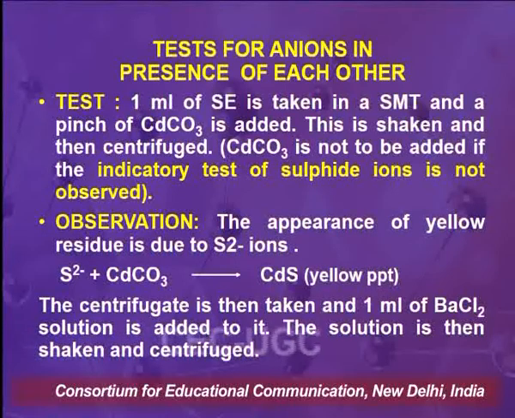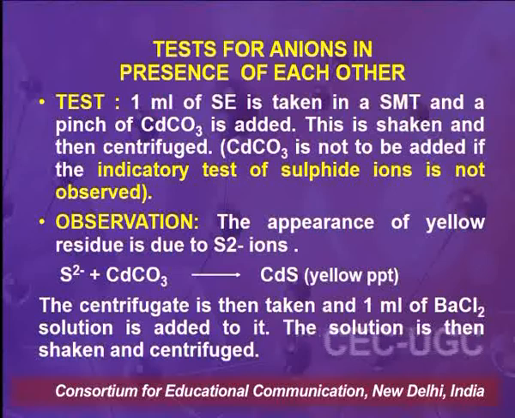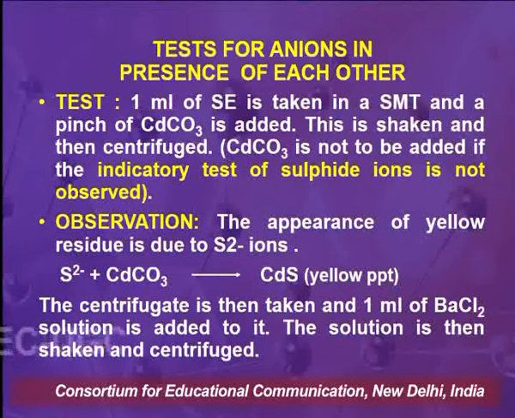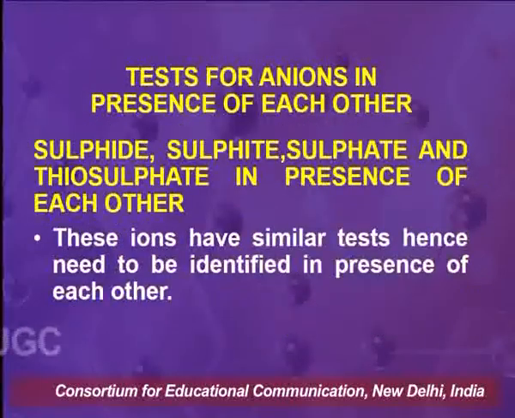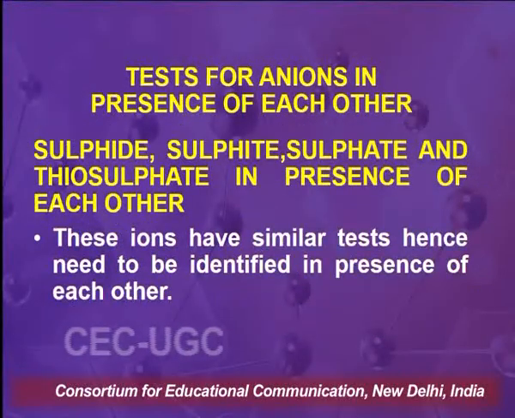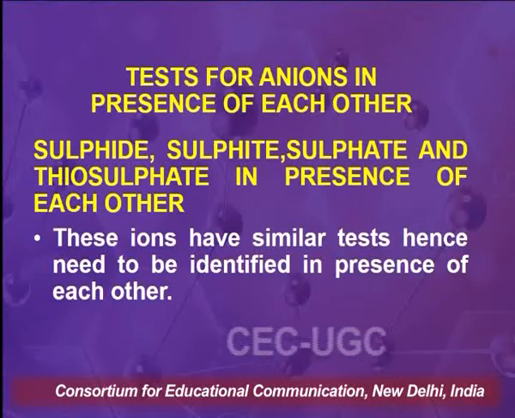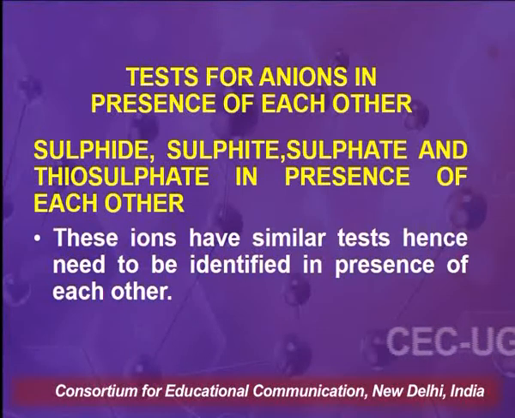Upon adding cadmium carbonate, if there is appearance of a yellow colored residue, then it is due to the sulfide ions. As the equation goes, the sulfide ions react with cadmium carbonate to give yellow colored cadmium sulfide precipitate. So, this confirms the presence of sulfide ions in a mixture of the 4 ions which we have just seen: sulfide, sulfite, sulfate and thiosulfate.